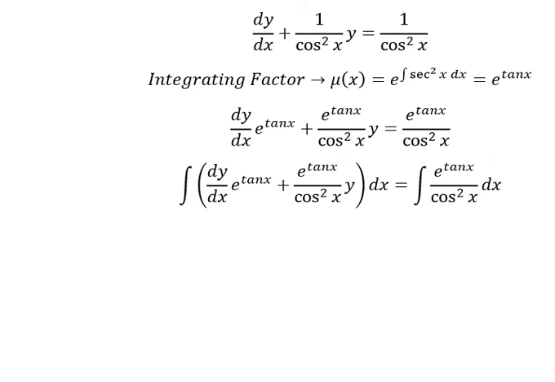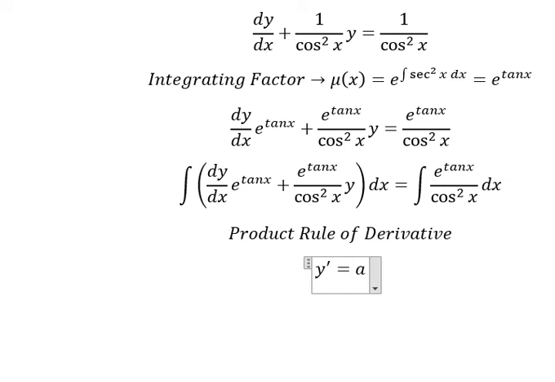Next, we can use the product rule of the derivative. So that means first derivative of y equals first derivative of a multiplied by b plus first derivative of b multiplied by a.